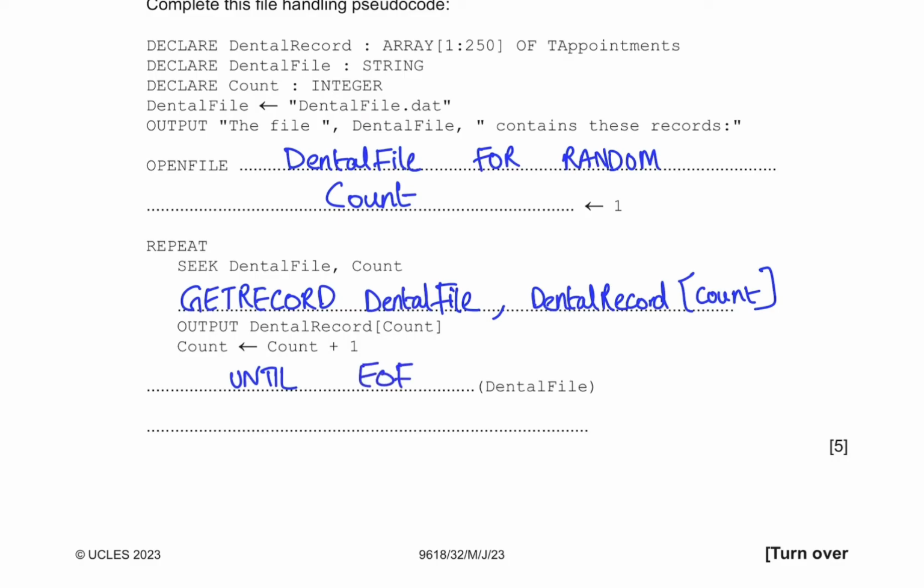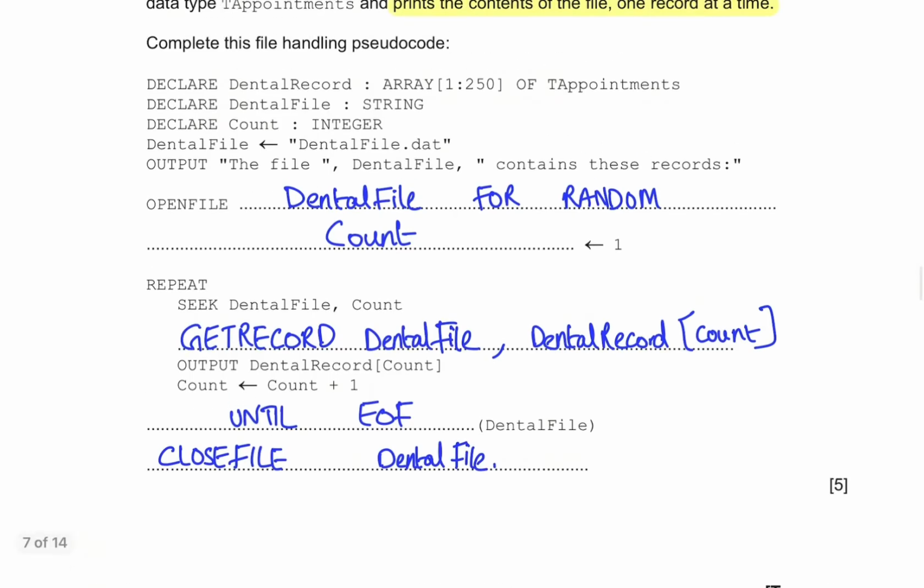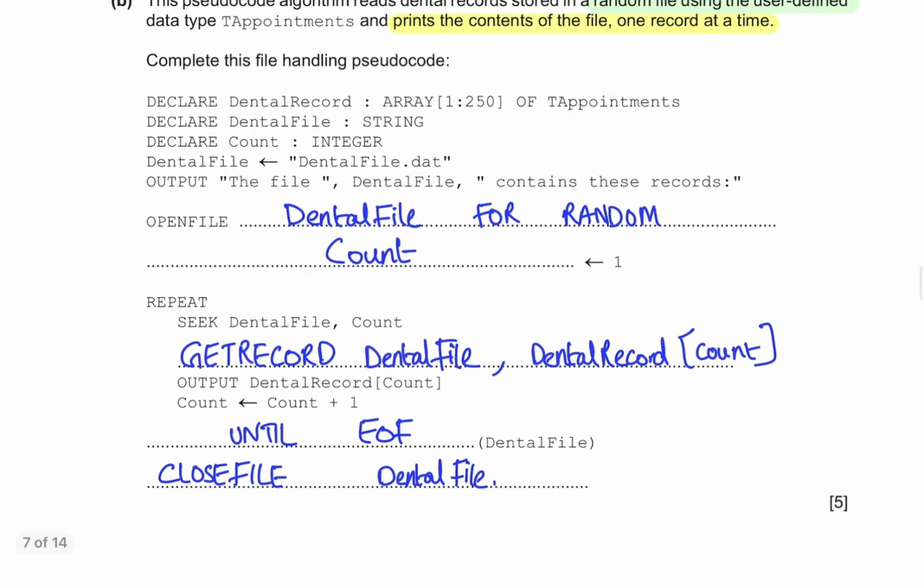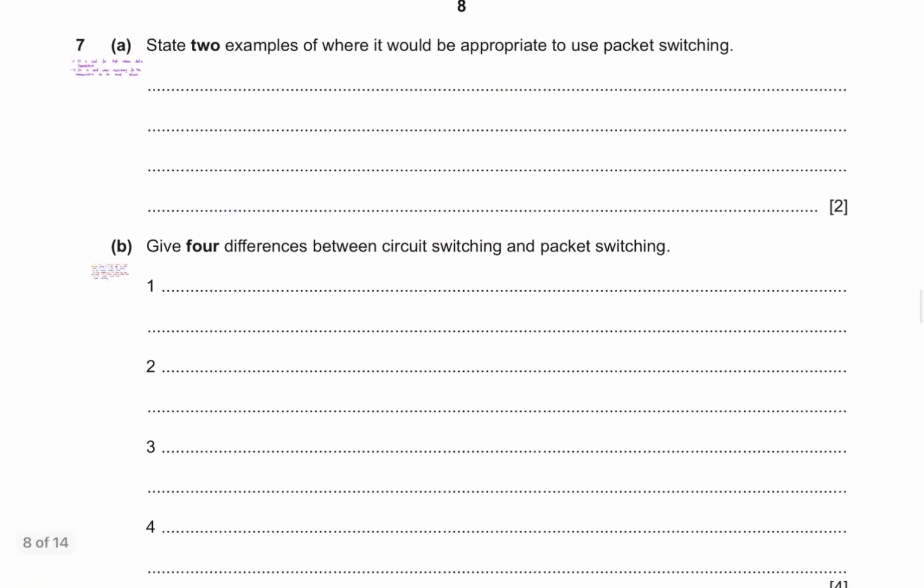EOF means end of file. Until the end of file reaches dental file, then you have to close the file. Close file dental file. Okay students, pretty easy pseudocode, it's the easier one here. It's not like paper 2.